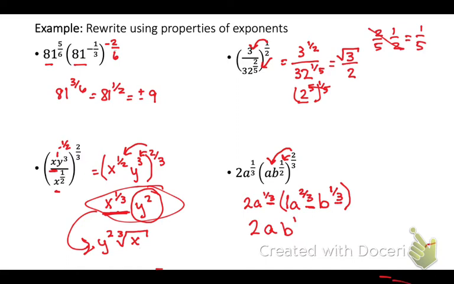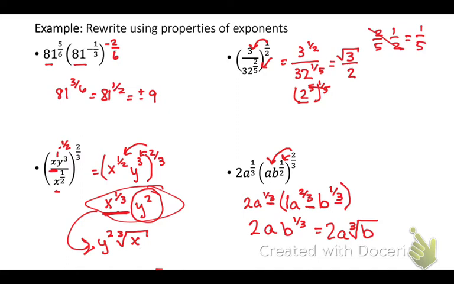No. 1/3. So I have 2a times the cubed root of b. So I'm just multiplying and using the rules that we were using already, but I'm stacking them on top of each other. Not too bad, is it?